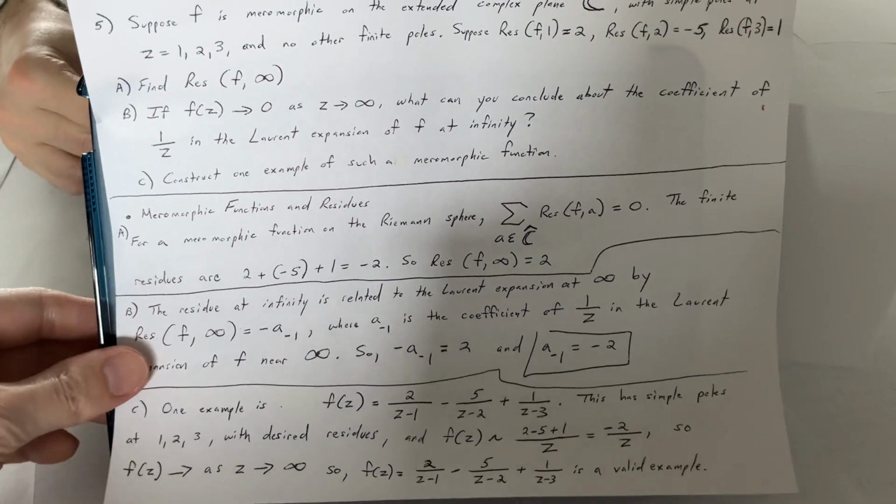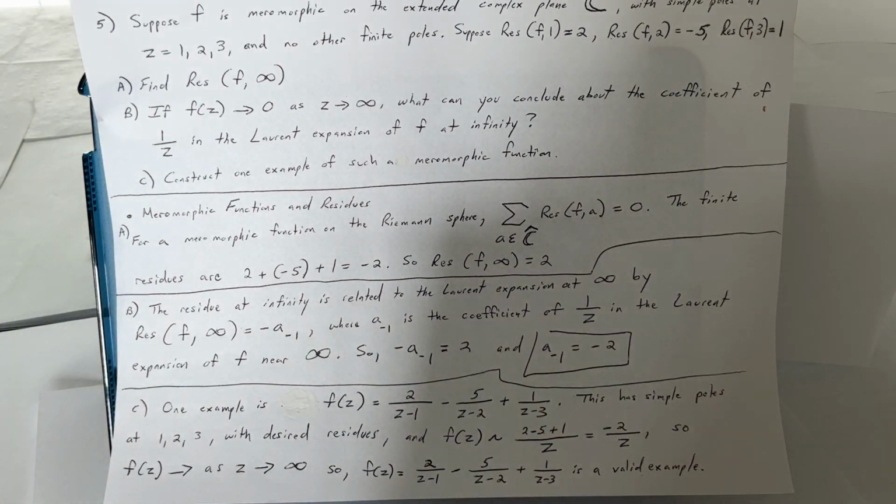And for part C, they want us to construct an example of such a meromorphic function. So one example is f of z equals 2 over z minus 1, minus 5 over z minus 2, plus 1 over z minus 3. This has simple poles at 1, 2, and 3 with the desired residues.